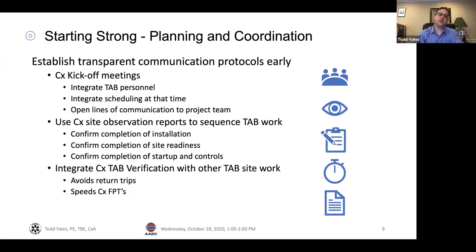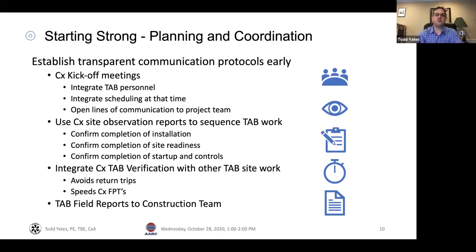If we can avoid coming back to the project for unnecessary return trips, that's beneficial to the test and balance contractor. If we can integrate this with the functional performance test, it's helpful to the commissioning provider as well. And the ideal outcome is that everybody has a better project when we're working together than if we were just doing these things on our own.